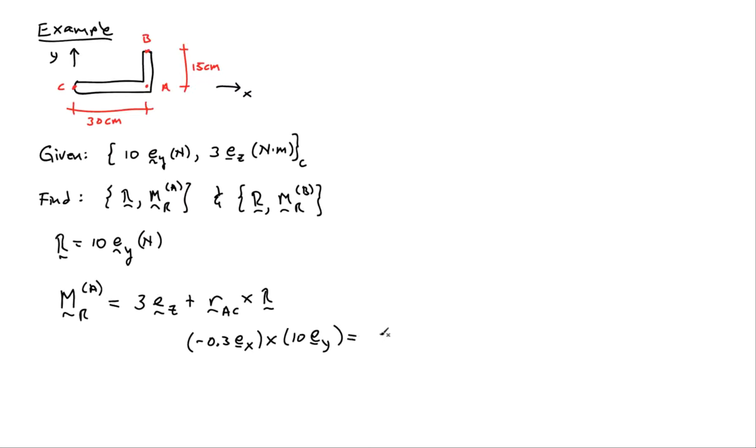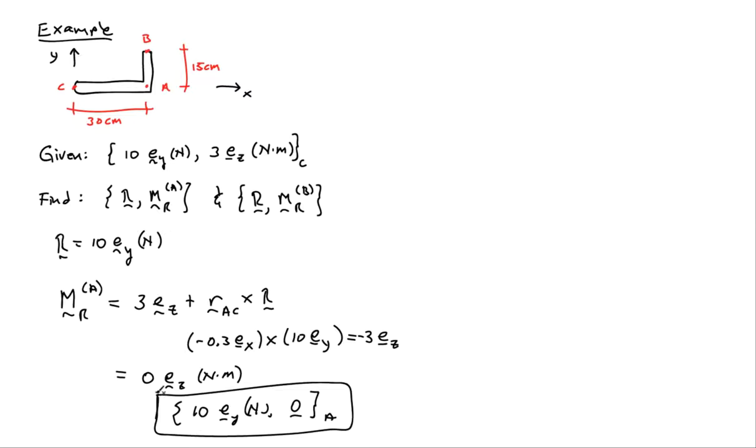So this is equal to minus 3 EZ, and so in total we'll get 0 EZ newton meters. Okay, so the final characterization in A then is 10 EY newtons and then 0 for our moment. And you can put whatever units you want there, but since the value is 0, it doesn't really matter. Okay, so that's the characterization in A.